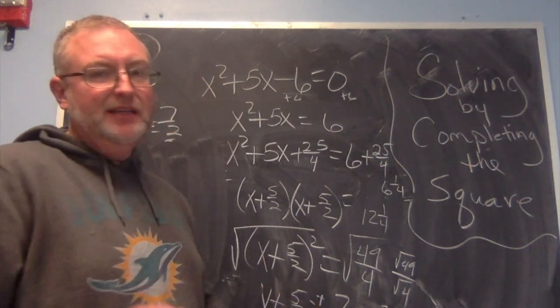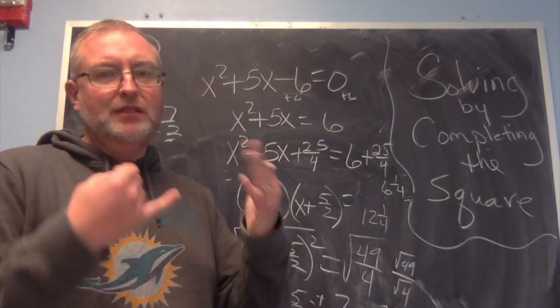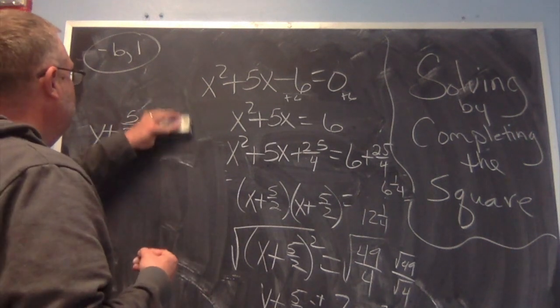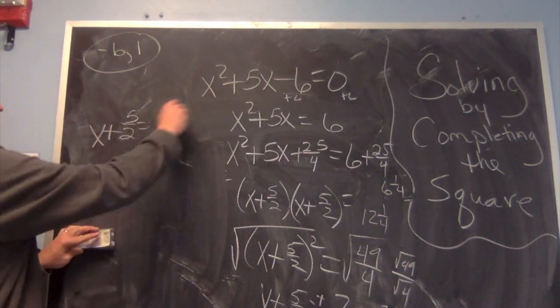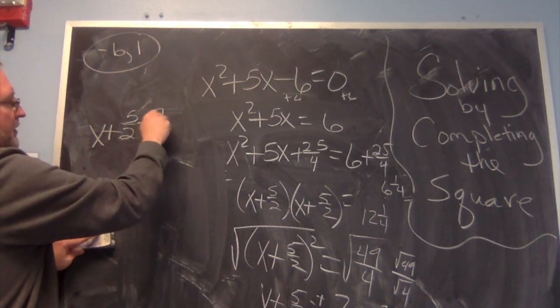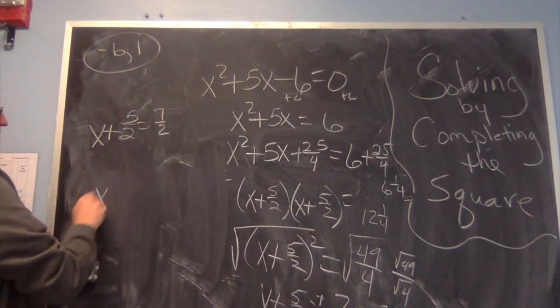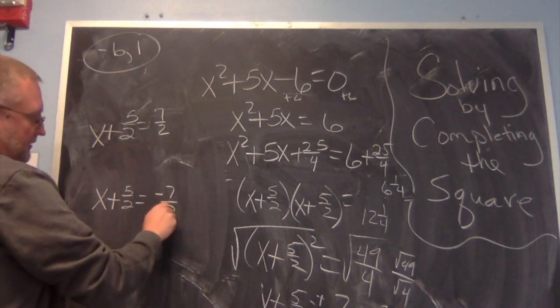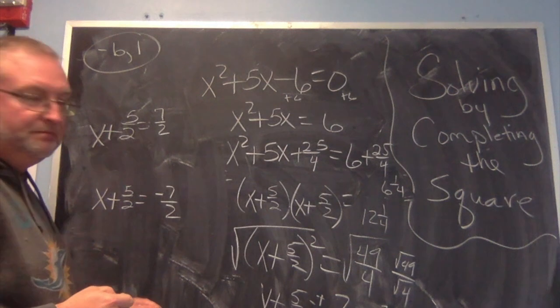And when you have the negatives, just always throw it up there with the top. So then I come over here, and I have x plus 5 over 2 equals 7 over 2, but also x plus 5 over 2 equals negative 7 over 2.